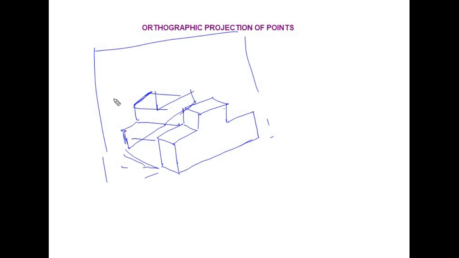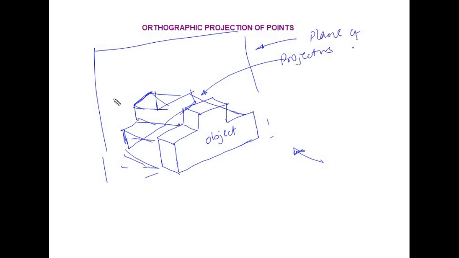Okay, so projector from here, projector from here. Right, so that means this is the object, so we are viewing somewhere from here. This is the object, right? These are the projectors, and this is plane of projection, right?